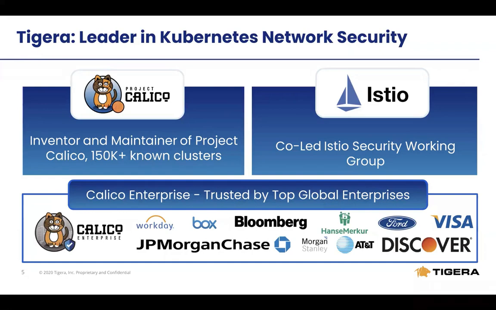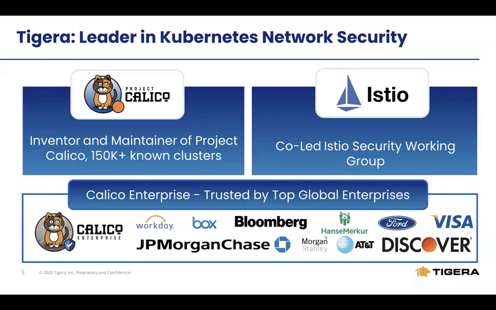We also have a product called Calico Enterprise that is trusted by top Fortune 100 enterprises. It builds on the power of Calico open source and extends it to address some of the enterprise use cases around networking, network security, and compliance.